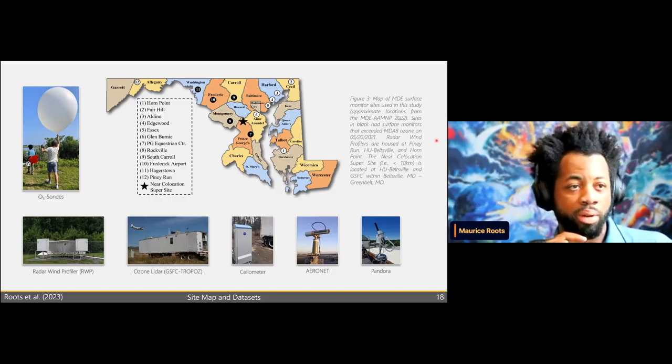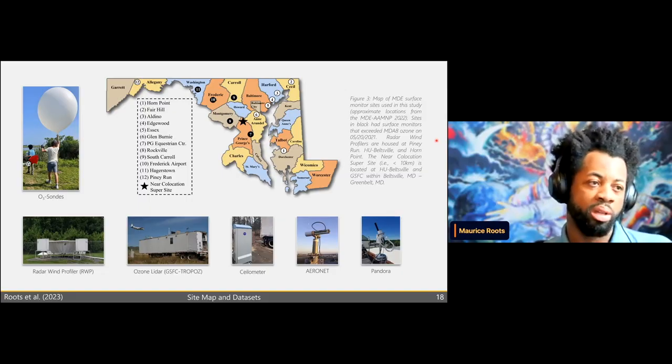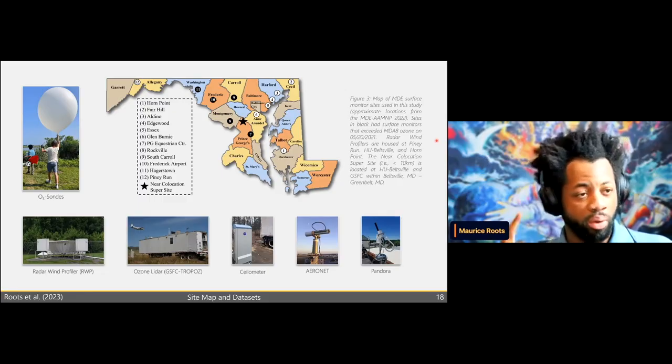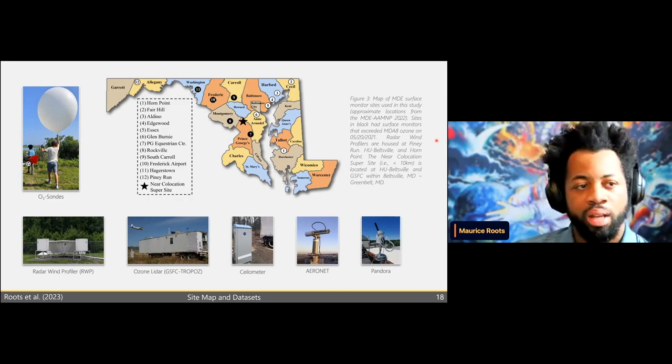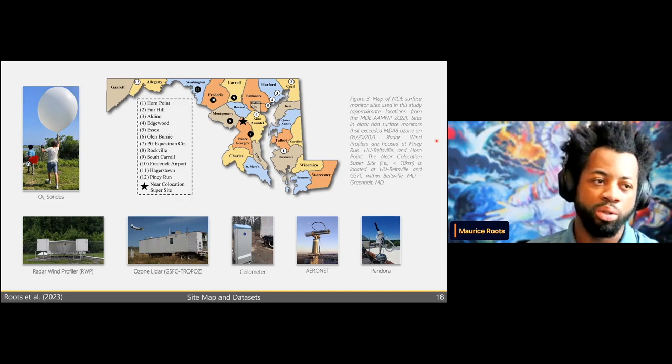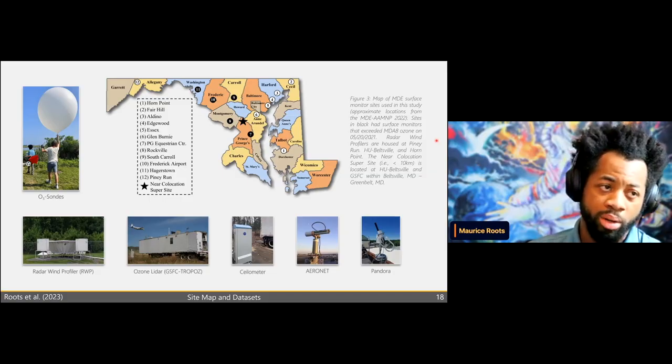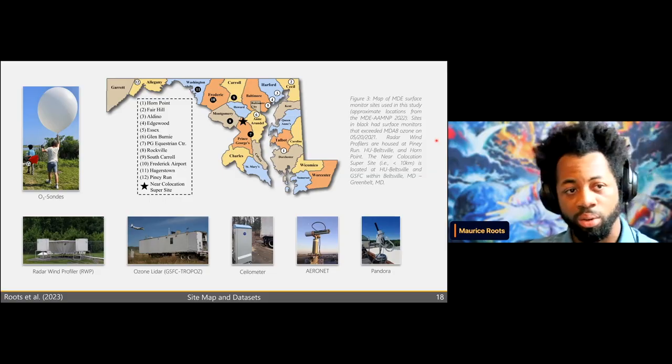Then we have a radar wind profiler, which is a 915 megahertz wind profiler that can tell us wind speed and direction as well as vertical velocity. And ozone lidar, that's what I primarily work with at NASA Goddard, which gets us high resolution ozone profiles, as well as a ceilometer, as I mentioned, which gives us the aerosol portion.